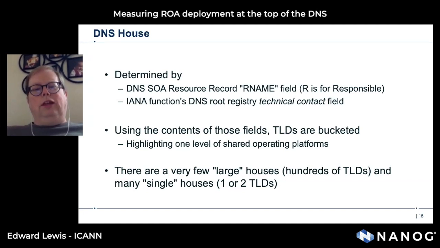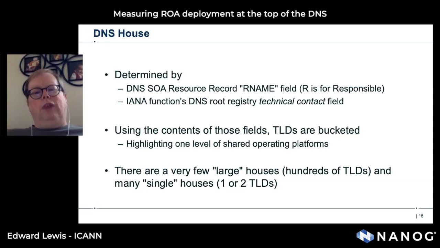It looks at what's in the DNS, something called the RNAME field of the SOA resource record. The RNAME is supposedly the responsible identity of who's running the DNS, who's created the zone file. Now, it's not guaranteed to be accurate, but it turns out to be pretty accurate in the DNS core. The operators there have taken time to put in a reasonable value there that can tie things together.